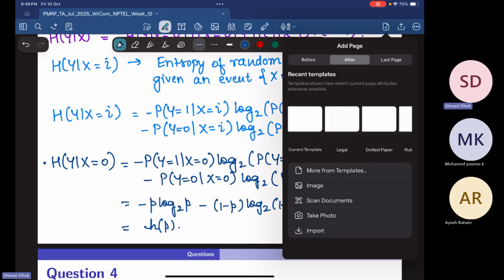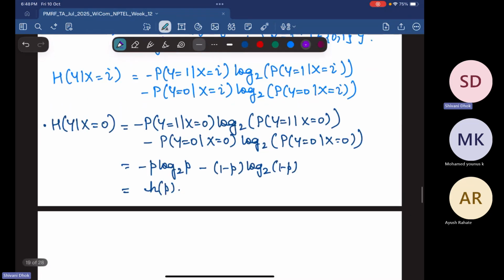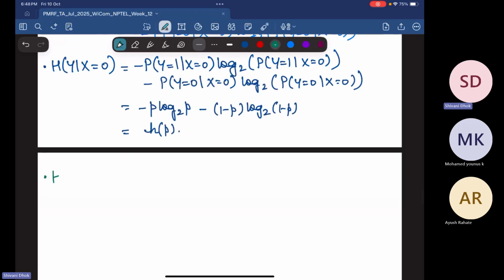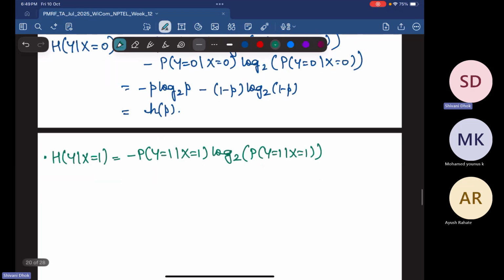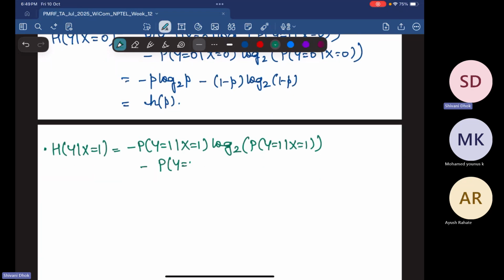Now similarly, I can find H of Y given X equal to 1. This is given as minus probability of Y equal to 1 given X equal to 1 into log to the base 2 probability of Y equal to 1 given X equal to 1, minus probability of Y equal to 0 given X equal to 1 into log to the base 2 probability of Y equal to 0 given X equal to 1.